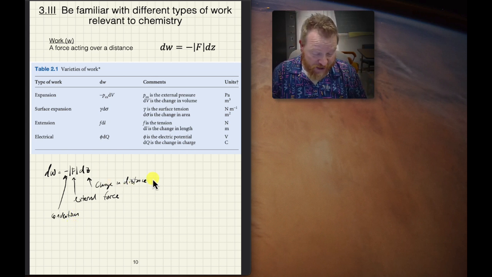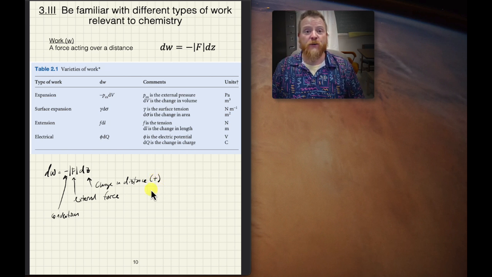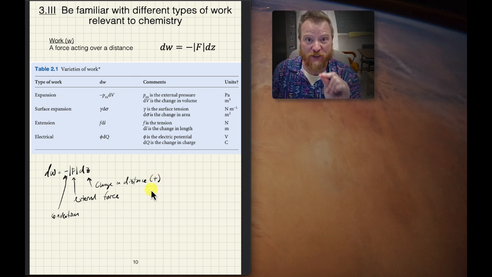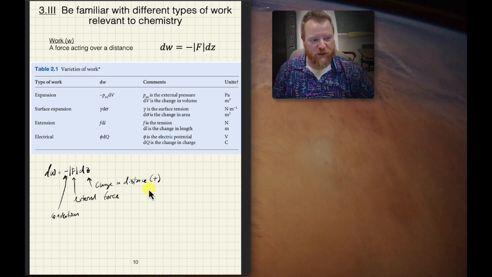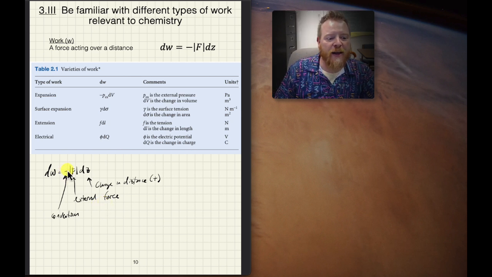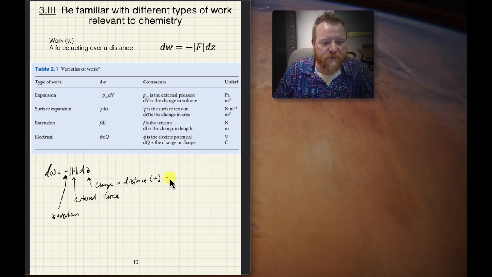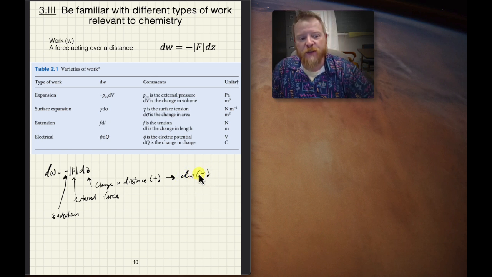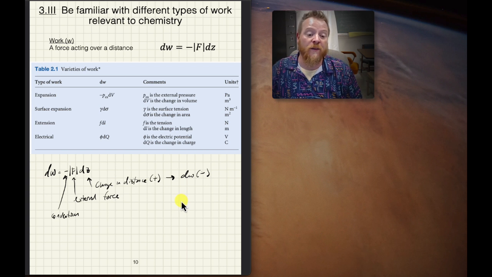If the change in distance is positive, in other words, it goes from zero distance changed to some amount changed, and we're using the absolute value of this external force, then because of that negative sign, this will mean that dW is negative. So what does that mean for the system?